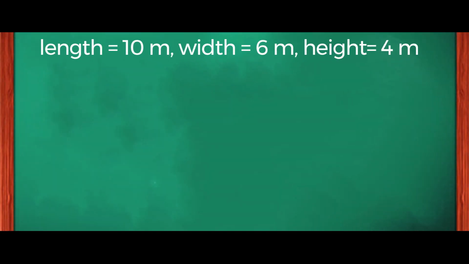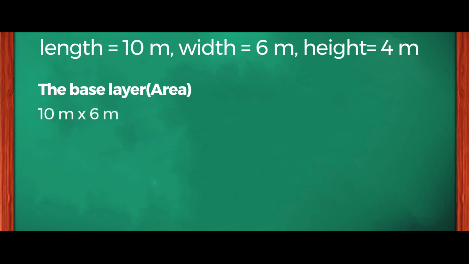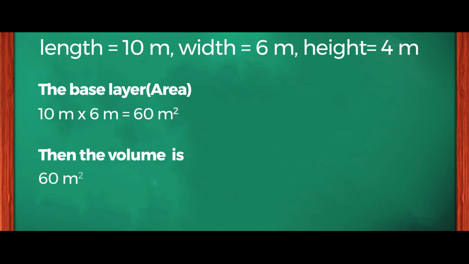If you think of a bigger structure, length 10 meter, width 6 meter, and height 4 meter. The base layer, that is the area of the base, is 10 meter by 6 meter, which will give you 60 meter square. Then the volume is 60 meter square times 4 meter will give you 240 meter cube.